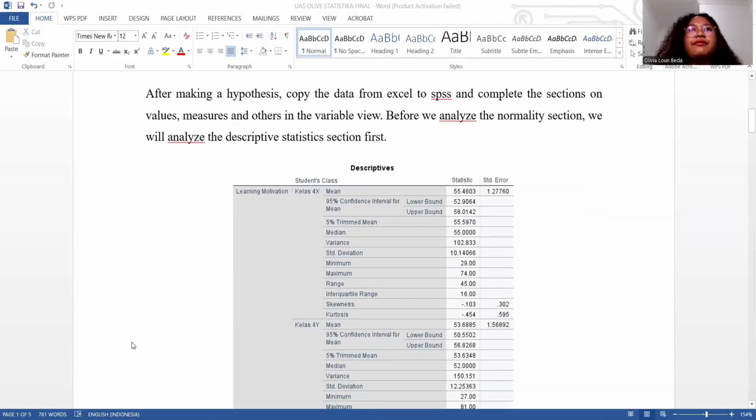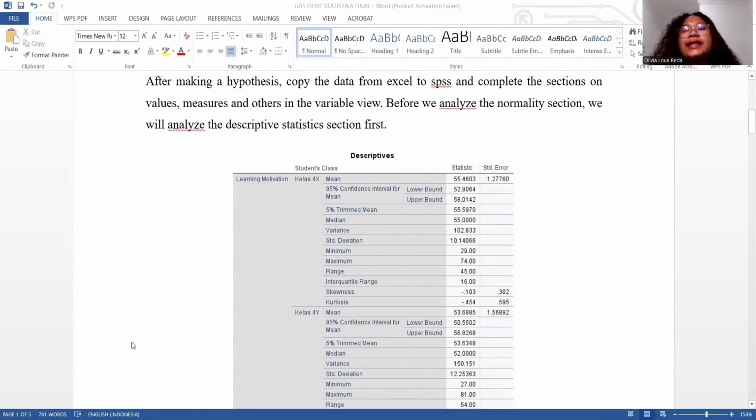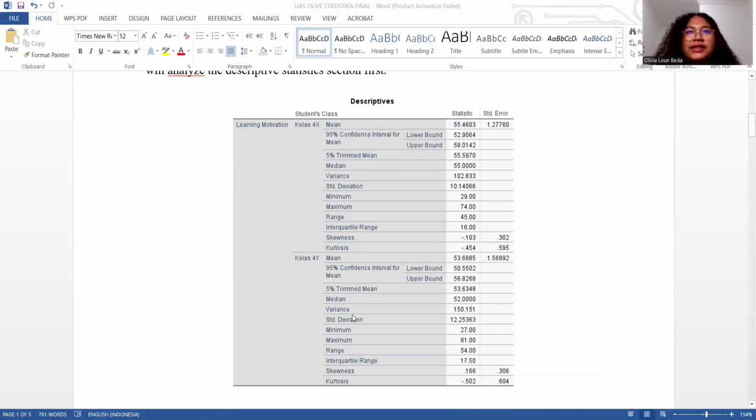First of all, to do the test, we have to complete these rules. First, we have to do the normality test, and the second one is the homogeneity test.